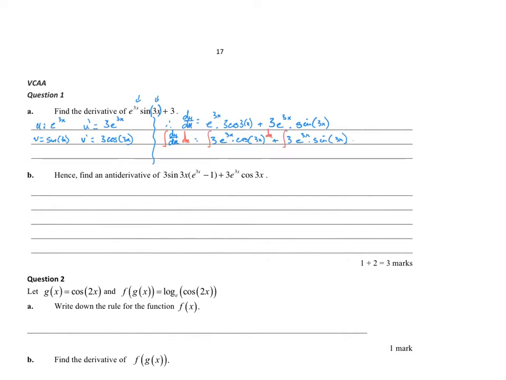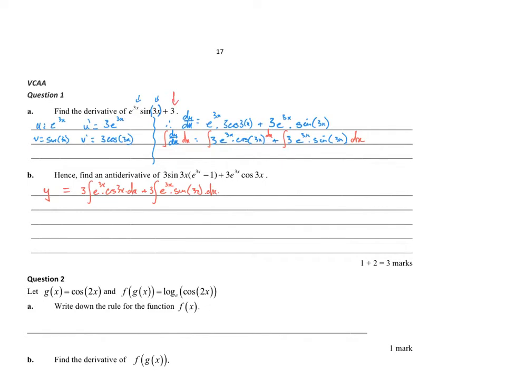If I anti-differentiate everything, then I get the antiderivative of dy/dx dx, which is just y, equals the antiderivative of, we'll bring a 3 at the front, e to the 3x times cos 3x dx plus 3 at the front, e to the 3x times sine 3x dx.